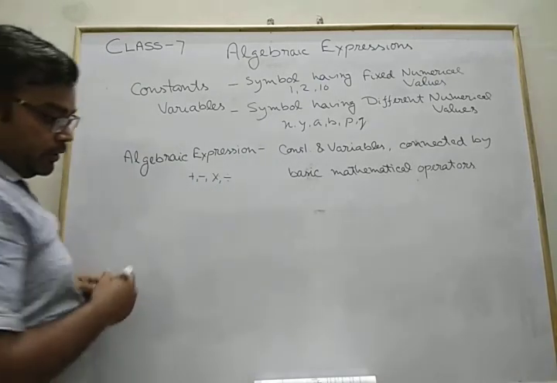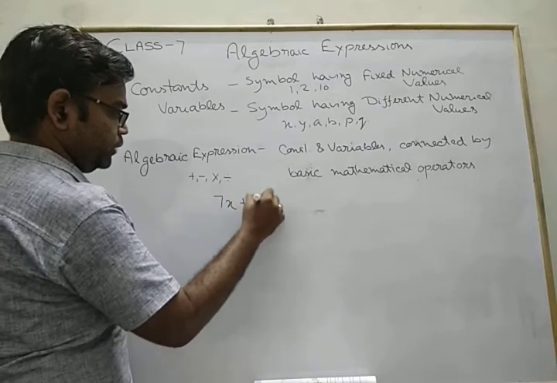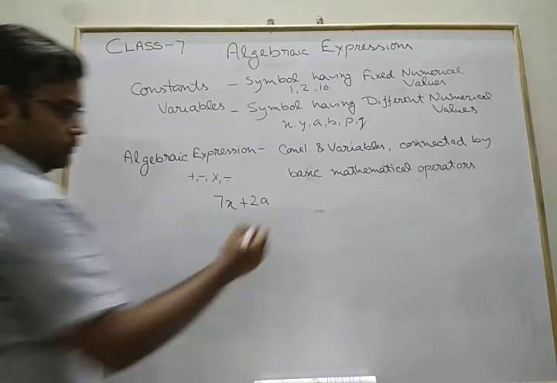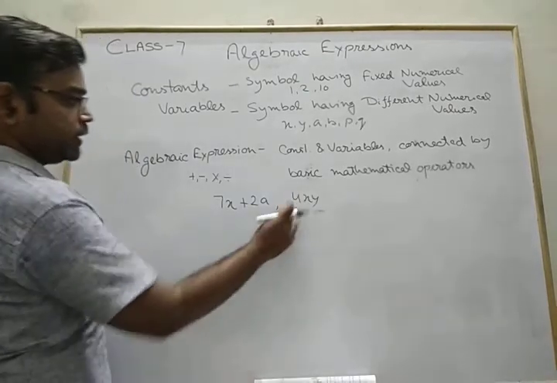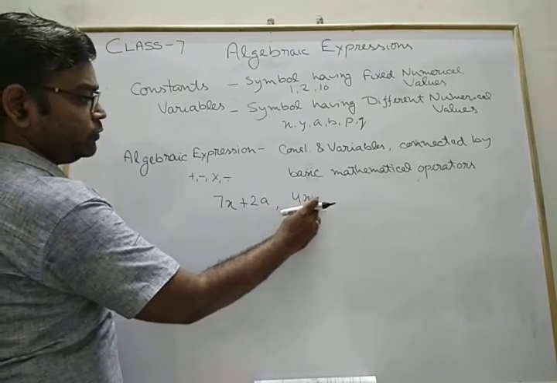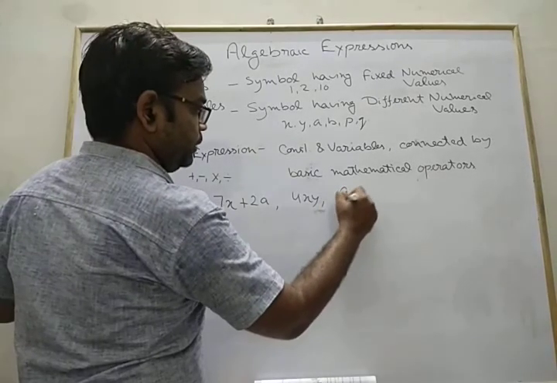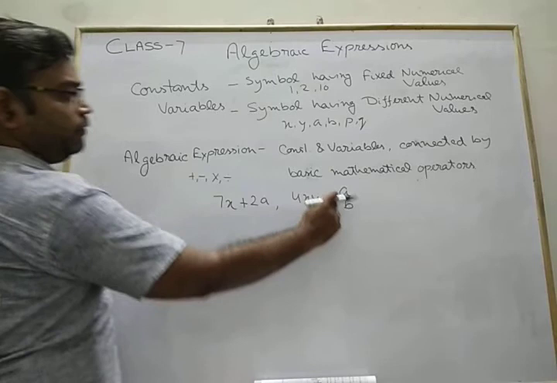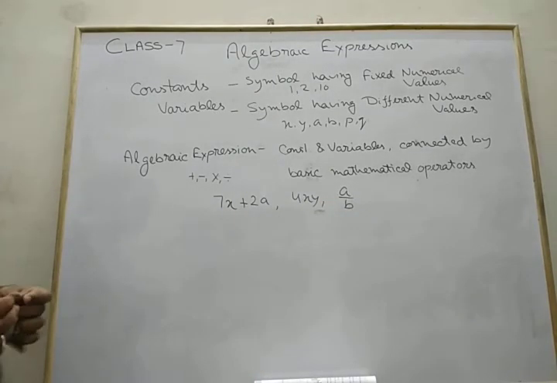For example, I may say 7x plus 2a, or we can write 4xy. In this case, we have 4 into x into y, or we can write a upon b, a divided by b. All these are known as algebraic expressions.